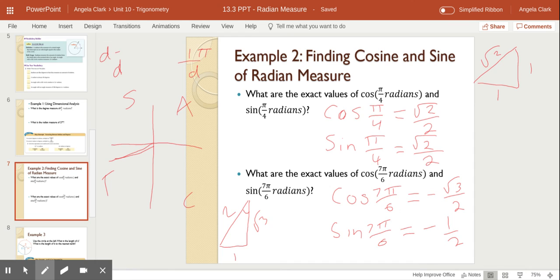So denominator minus 1. Third quadrant is going to be denominator plus 1, which is what we had here, 7 over 6. And then in the fourth quadrant, it's going to be 2 times the denominator minus 1.